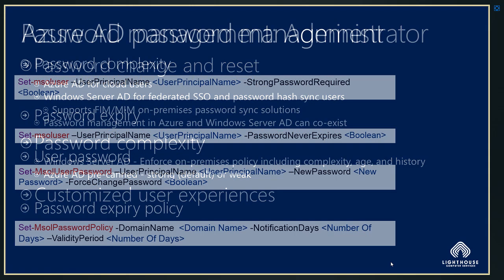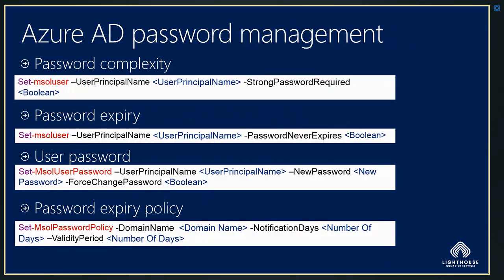Here are some of the PowerShell scripts that you can run to set those values. In order to set the password complexity, you just have to do the Set-MsolUser and then do the strong password. And expiry, you can set up the password expiry, and also you can set up policies as to how many days you want to be notified through setting the password policy with the notification days and the validity period.